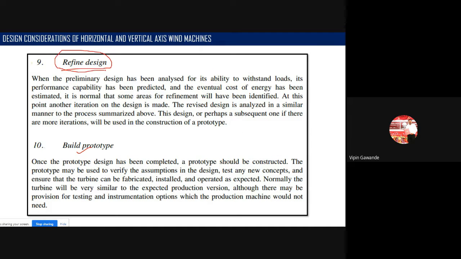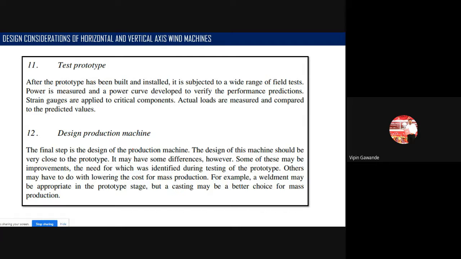Sometimes, while predicting the performance of the design, if we feel that some changes are required in the existing design, we can do that. That is the refinement of the design. Then we build the prototype based on the design parameters we have considered for our wind turbine.